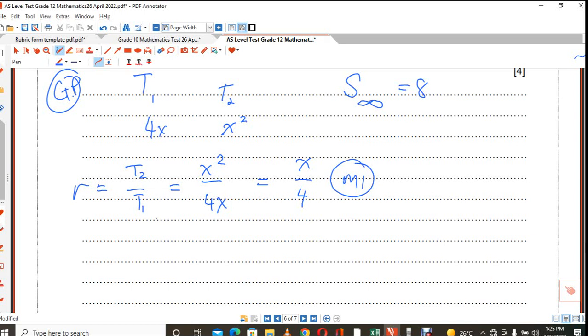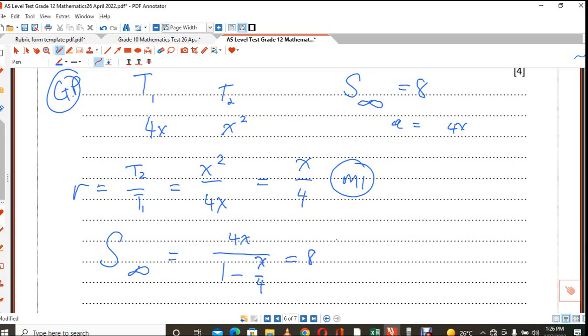Okay. The next thing is obviously your sum to infinity, because you know what is a? Our a being our first term. Our a is nothing but 4x. So sum to infinity is very weird looking. So 4x over 1 minus our r. And our r is x over 4.